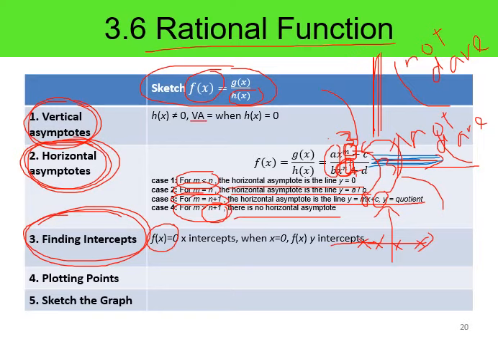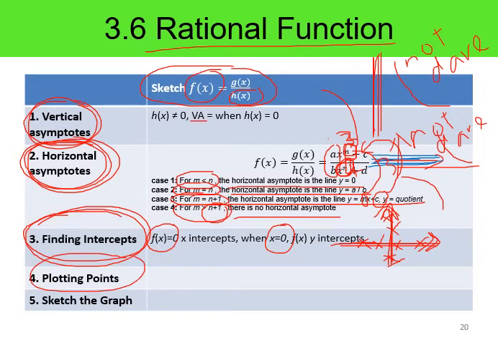Then we want to find when x equals 0, where is the y-intercept? It can easily be found when we have the intercept points happening at the y-axis and x-axis here.